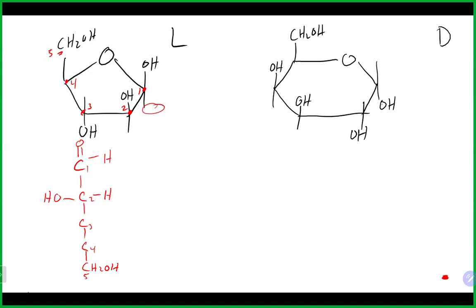My OH on number 3 is down, which means when I dropped it on the side, it was on the right-hand side. And at number 4 in this case, where everything comes together, that's going to be determined by L, which means I should put my OH group on the left-hand side. There we go. We just opened it up there.